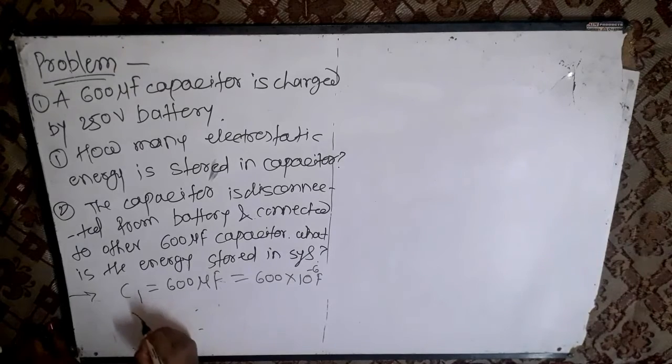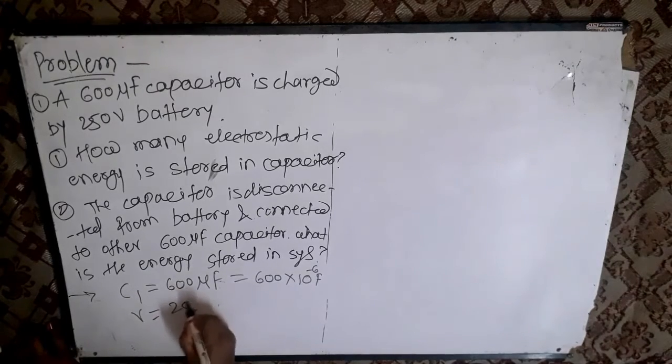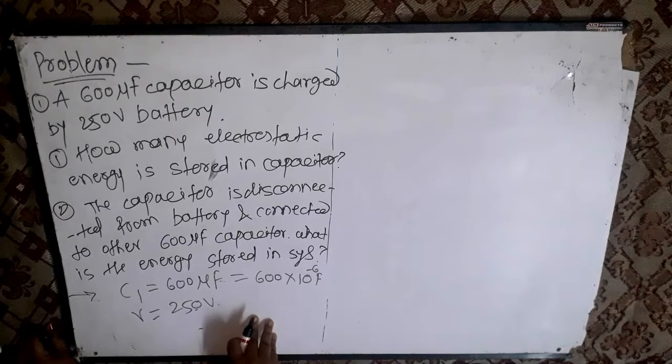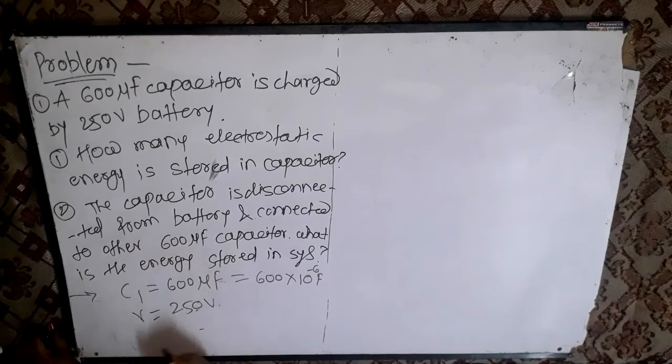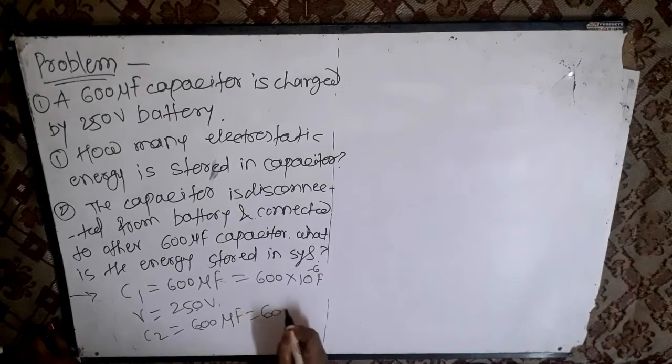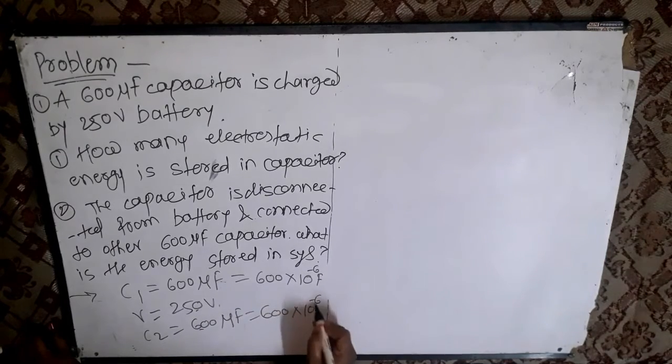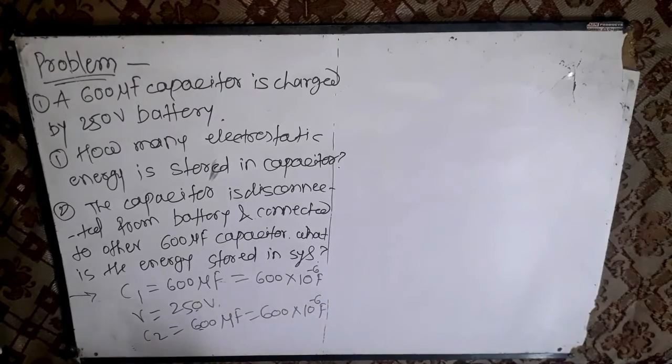The voltage V is 250 volts. Another capacitor is connected, 600 microfarads, so C2 is again 600 into 10 raised to power minus 6 farad.